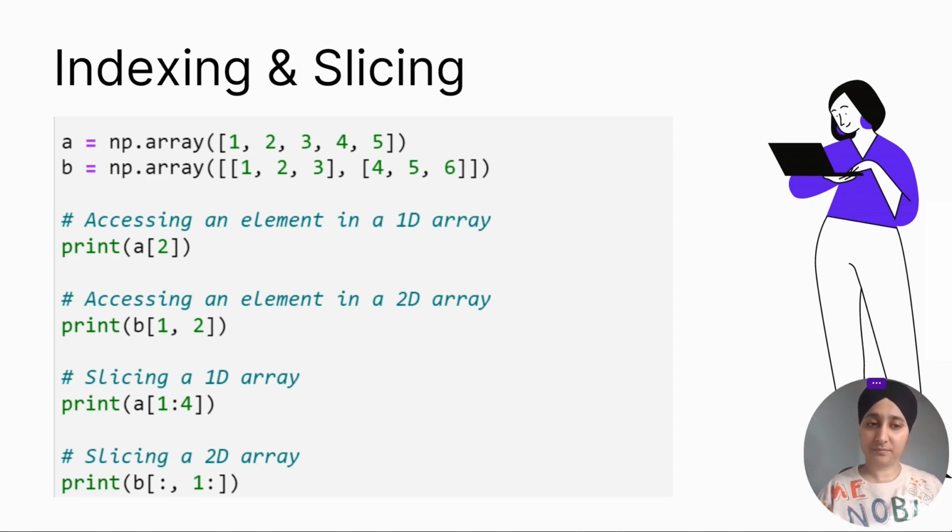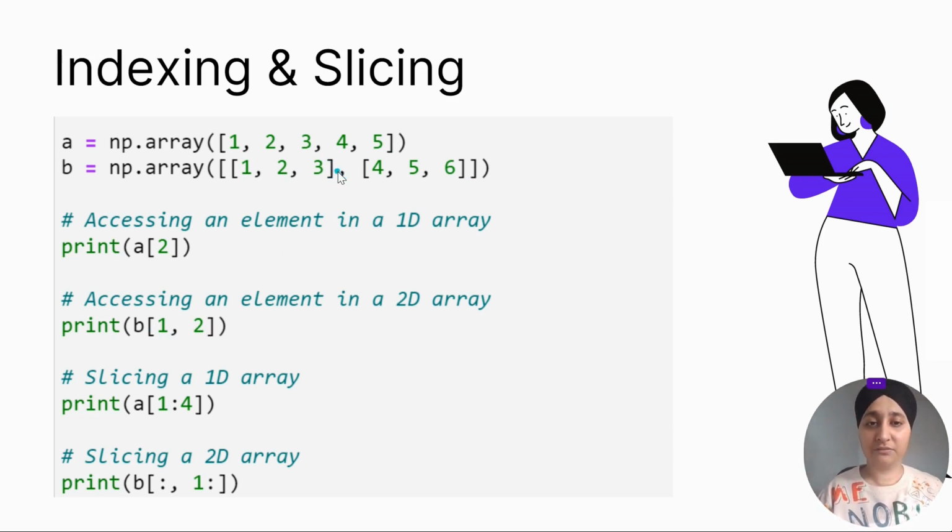In the second case, print B 1 comma 2. So we have to print an element which is in row 1. This is row 0. This is row 1. So row 1 and the second element. I'm not printing any element from row 0.